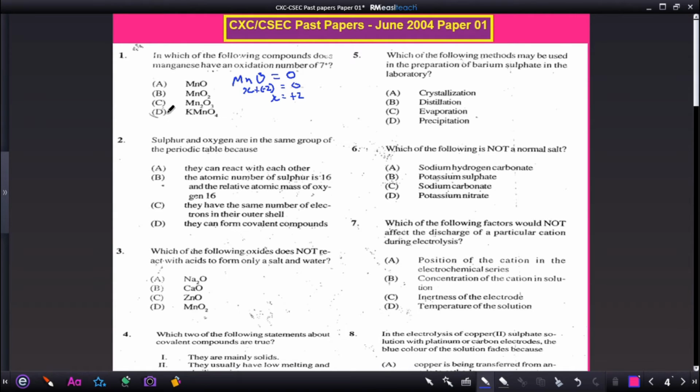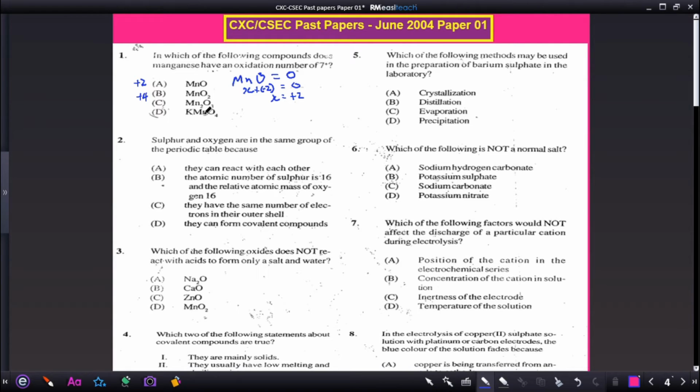For B, oxygen has an oxidation state of -2 and there are 2 of them. So for B, oxygen will be -4, and it's a neutral compound. So what number should manganese be in order to cancel out -4? +4. So in this case, right here in part B, manganese is +4. Right here, manganese is +2.